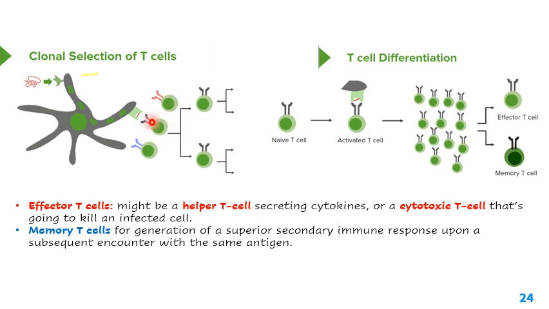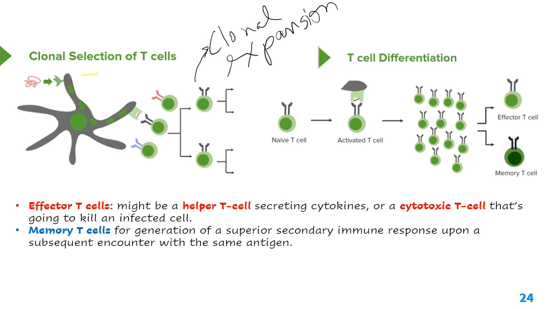But the one guy that shows up there and recognizes that piece of pathogen, that guy is going to get a signal to divide and to make clones of itself. So this is called clonal expansion. Okay, so it's missing there. You call this part clonal expansion. It's expanding. The other guys did not expand.